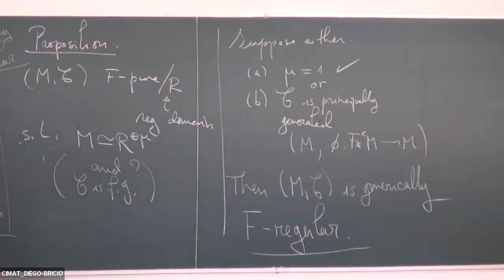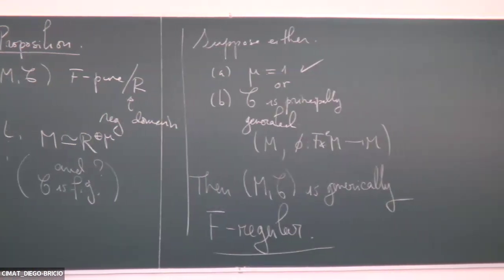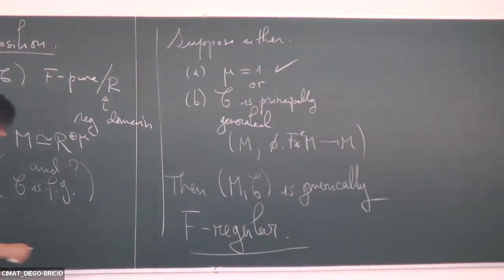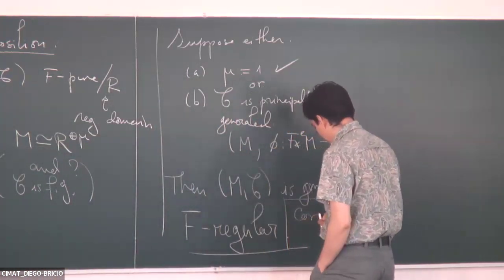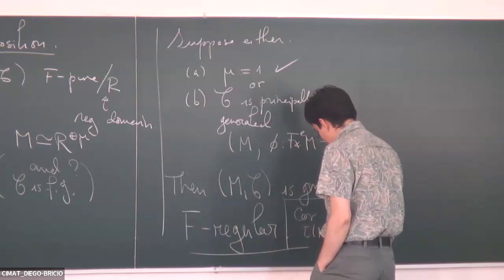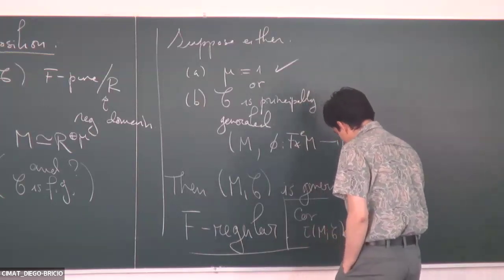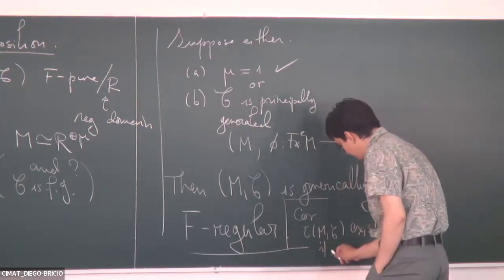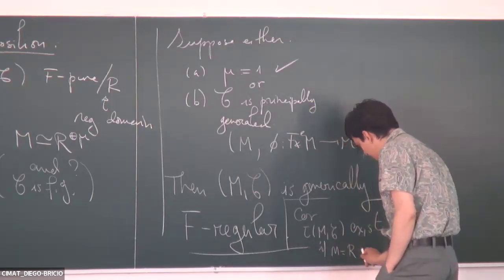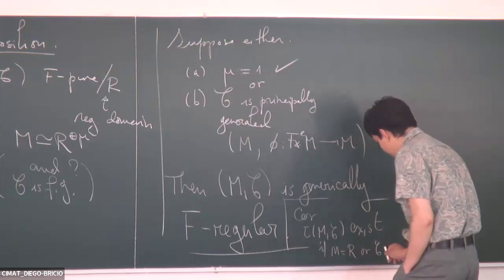As a corollary, let me just say it works. As a corollary, generic regularity of M, C exists if M equals R or C is principal.